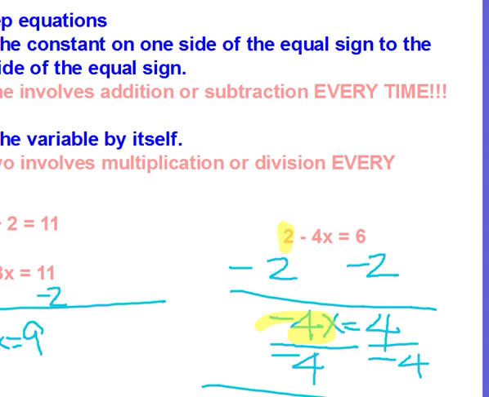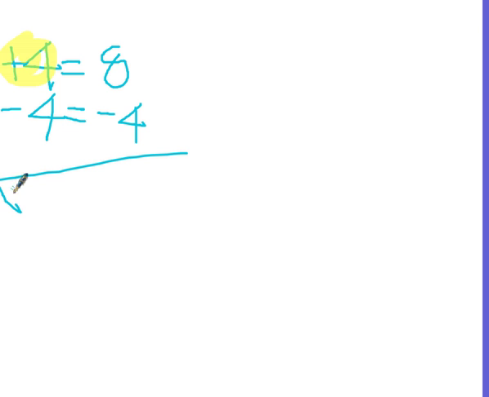Okay, so let me go over a couple more problems real quick, and then we are good to go. So if you see a problem that says x over 2 plus 4 equals 8. Okay, so my first step is either addition or subtraction. I see addition, and so I'm going to do the opposite, which is subtracting. Okay, so x over 2 equals 4.